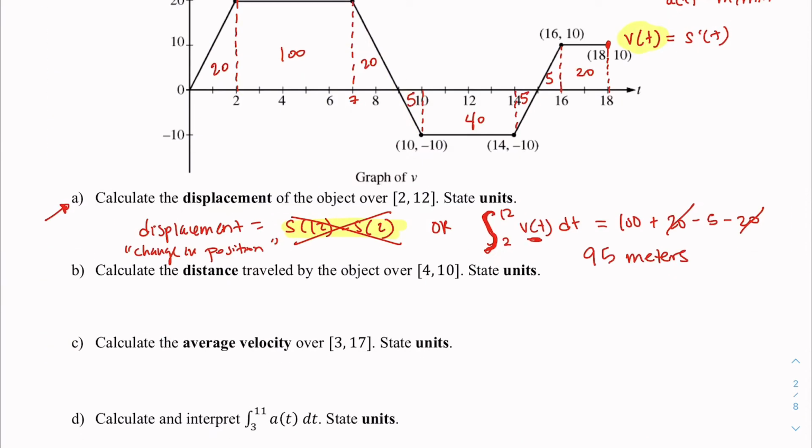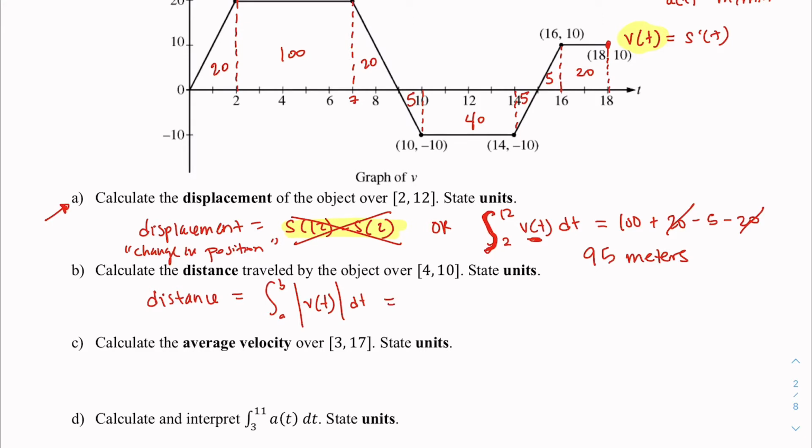Letter B, it says calculate the distance traveled by the object from 4 to 10. So distance traveled is the same as total distance, right? Anytime we're talking about distance, we know our formula is the integral from a to b of the absolute value of v of t dt.